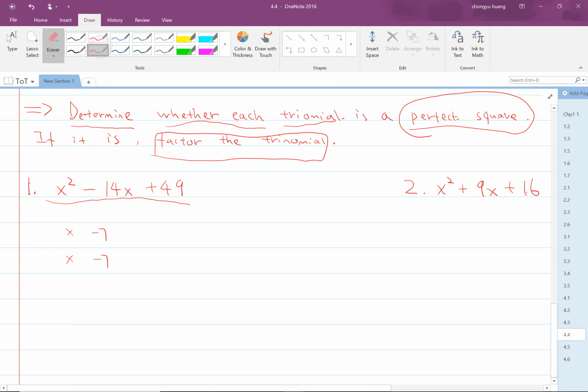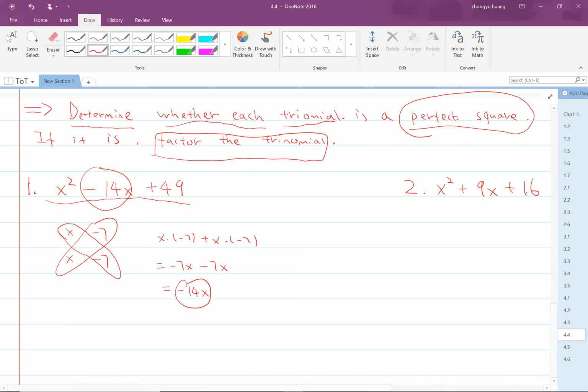We're going to do the cross operation. x multiplied by -7, and the other x multiplied by -7, so it becomes -7x and -7x, which is -14x. That is exactly the middle term we're looking for. So you know the combination is right.